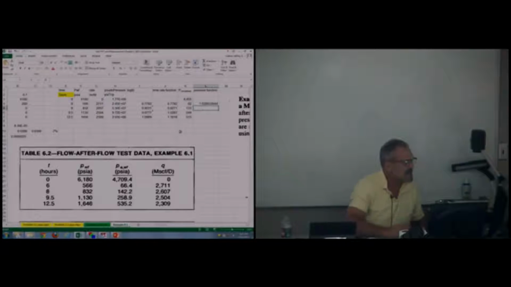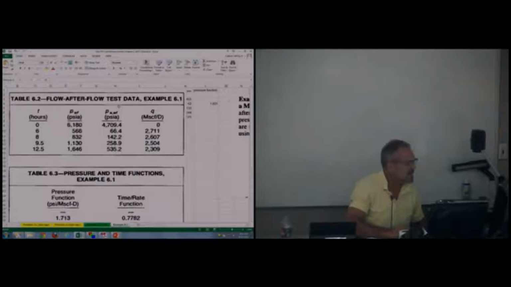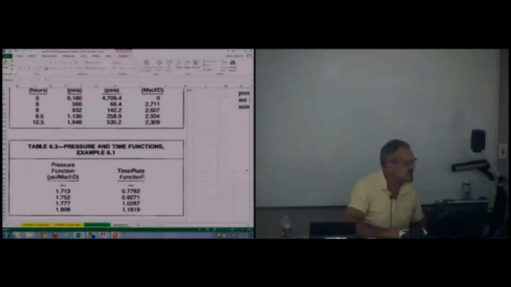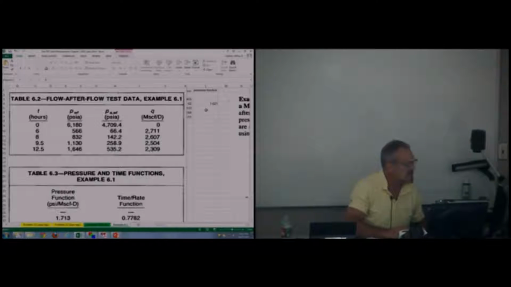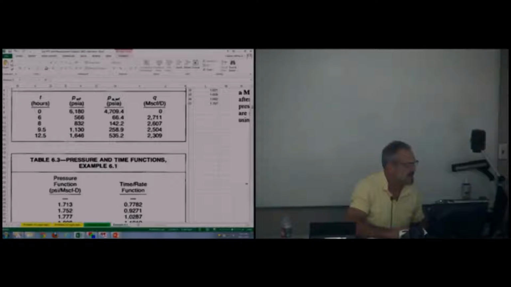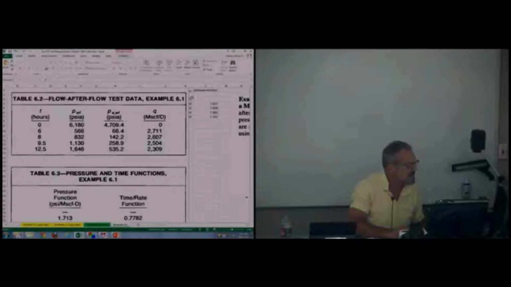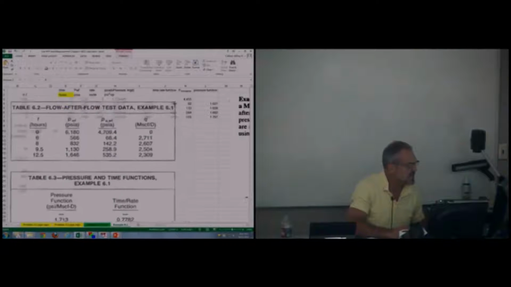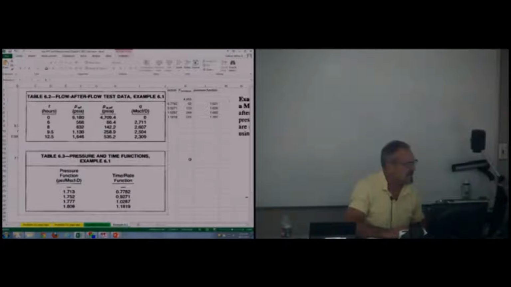Okay? Now these numbers, again, won't match exactly. Their rate time function, their pressure function is 1.7, and I got 1.6. I think this is ready to tap down. I can do this. All I got to do is make this table a little bit smaller. There we go.